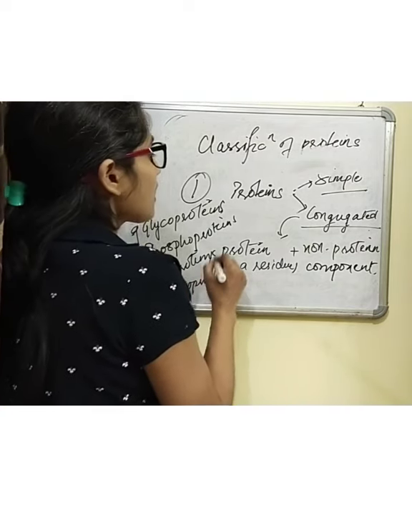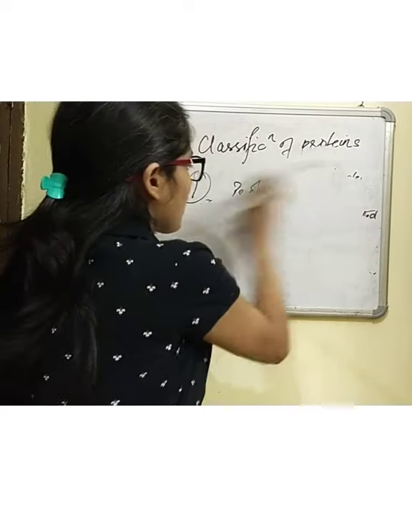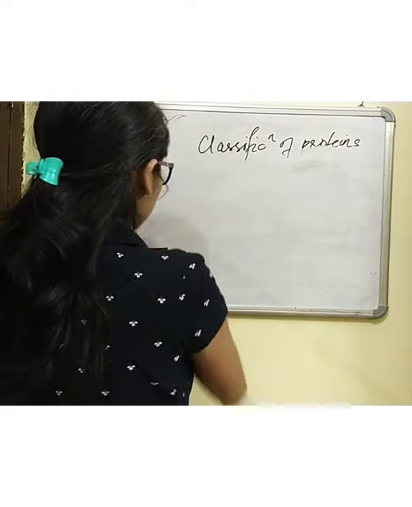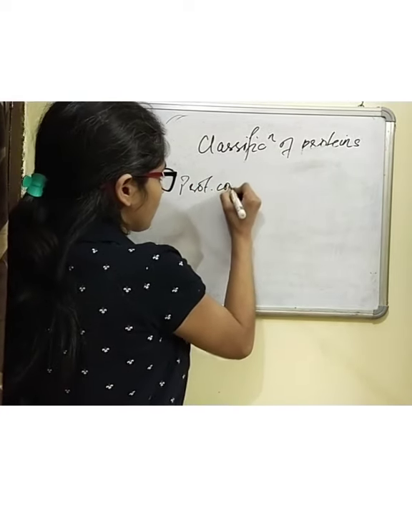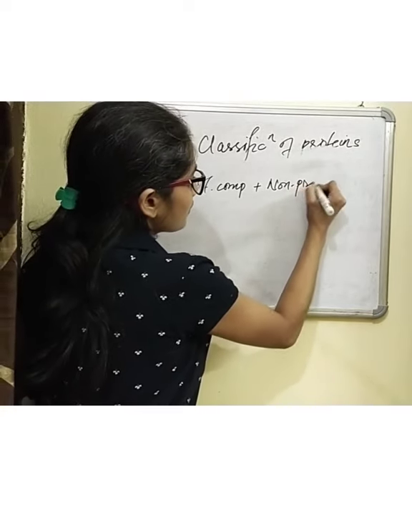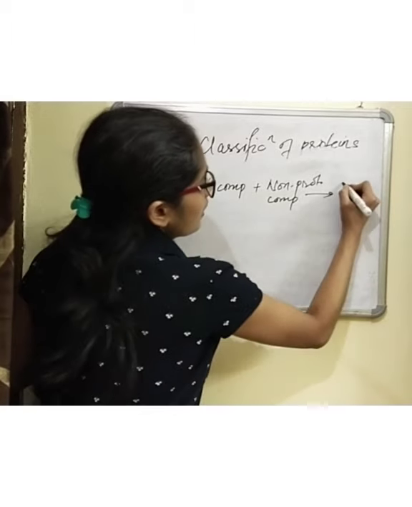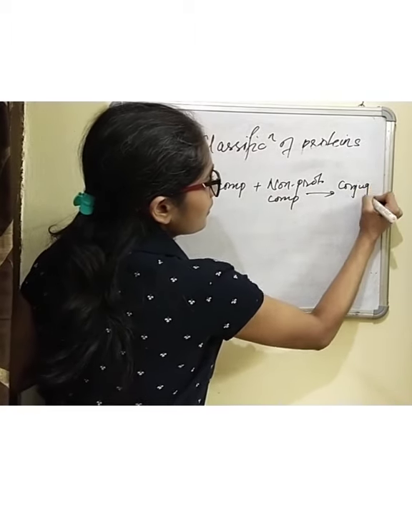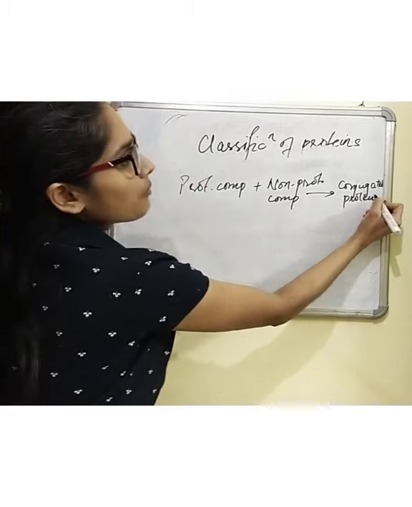So these are conjugated proteins, which are composed of amino acid residues, the protein component, plus a non-protein component, which together make up a conjugated protein.